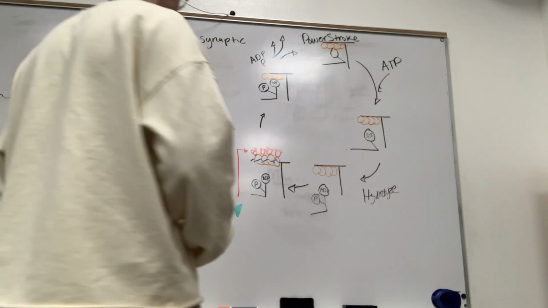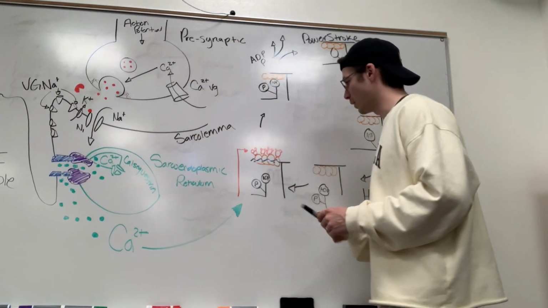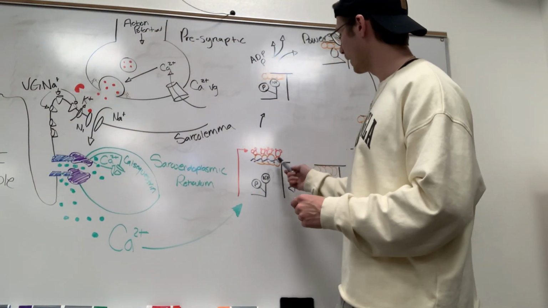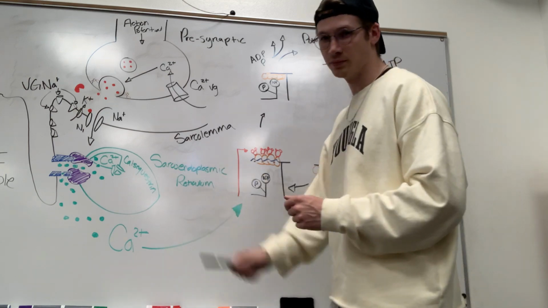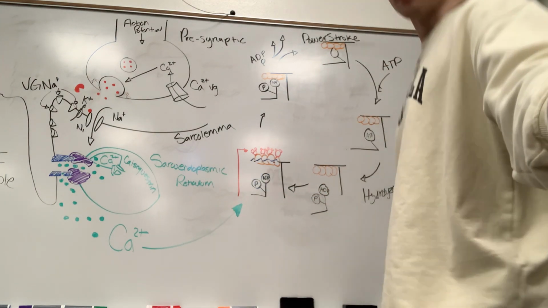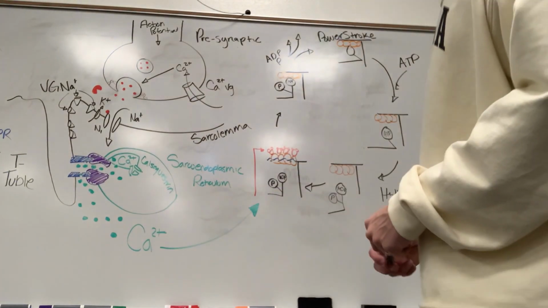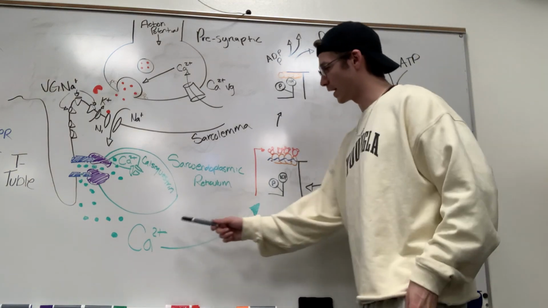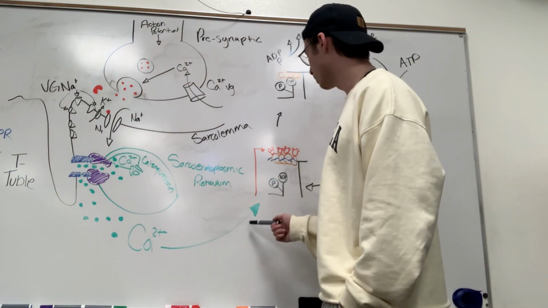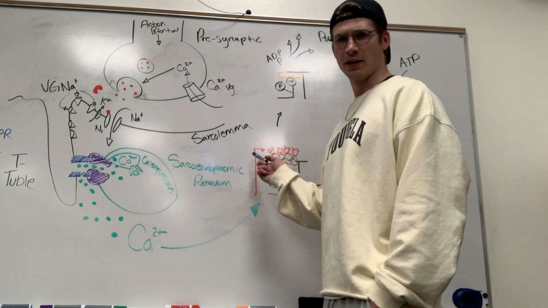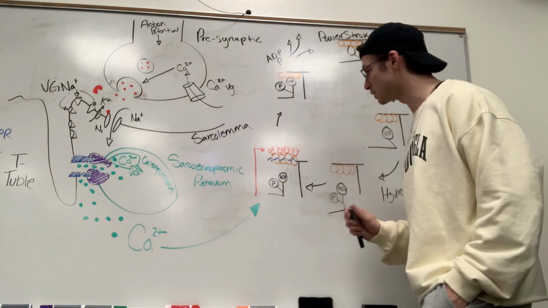So here we have our actin, we have our troponin, we have our tropomyosin on the nebulin. And what's happening here is this calcium is coming up to our troponin. And our troponin has troponin C sites.